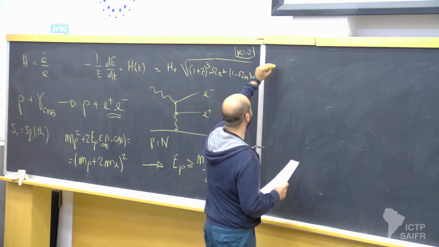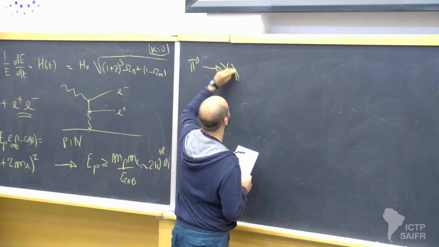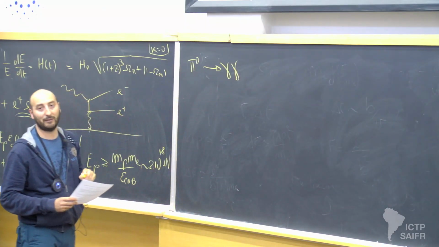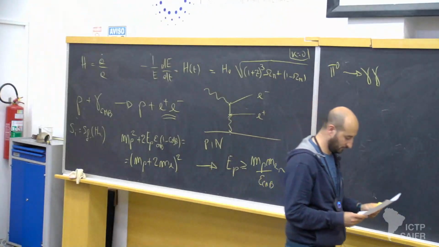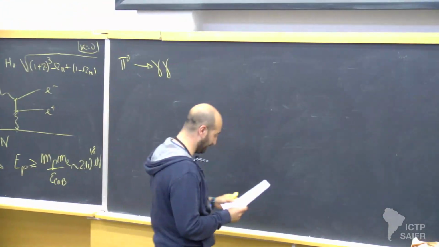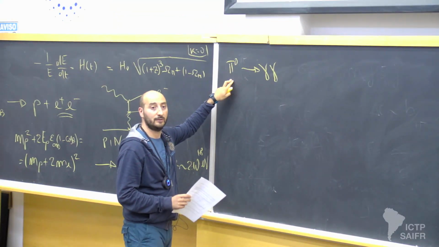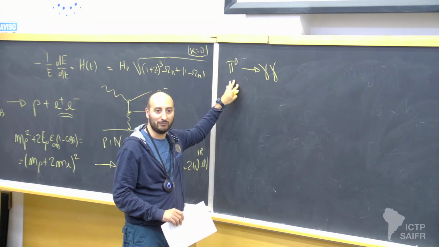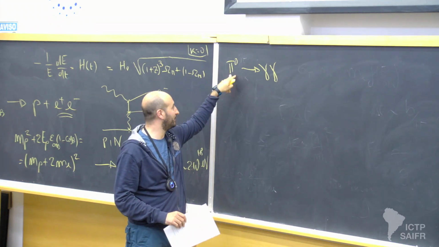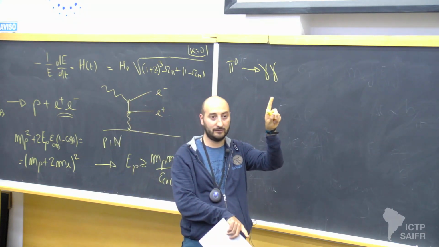Okay, so pi 0. Pi 0 decays into gamma gamma. By far, this is the dominant process, more than 99% of the time. And in the frame of the pi 0, of course, you must conserve, as usual, energy and momentum, which means that in the frame of this guy, the two photons are emitted back to back.